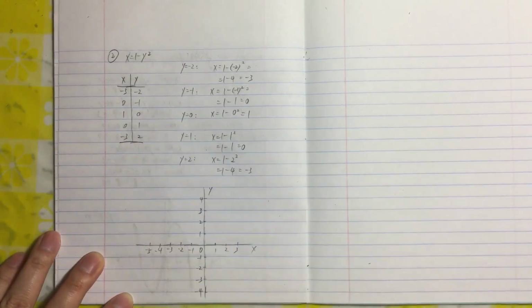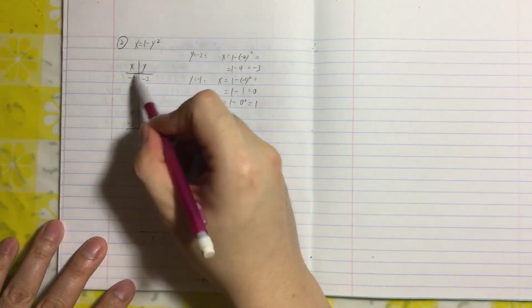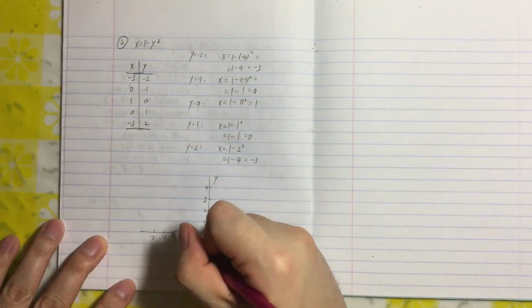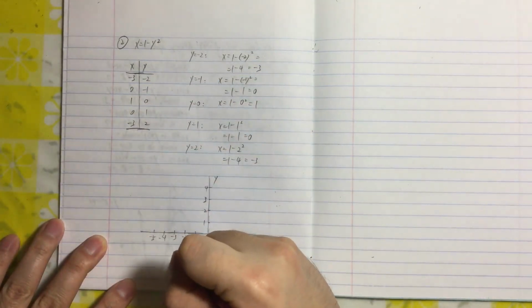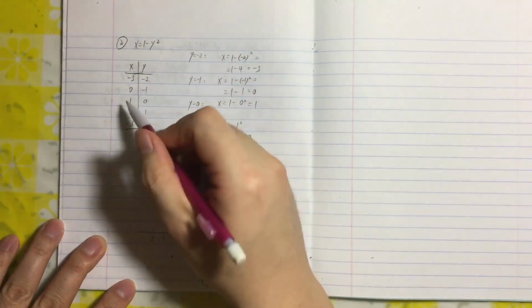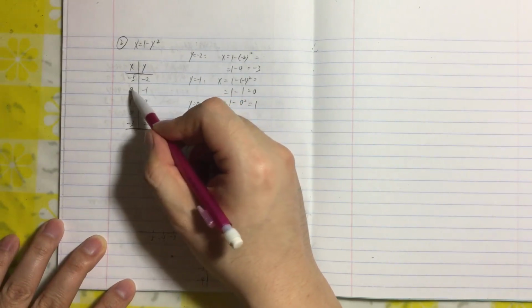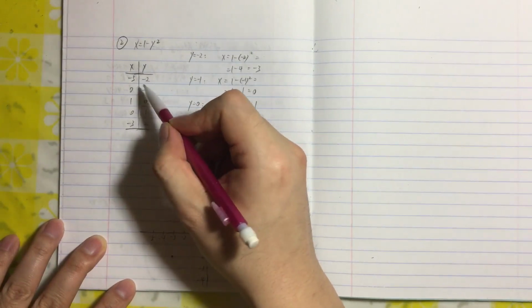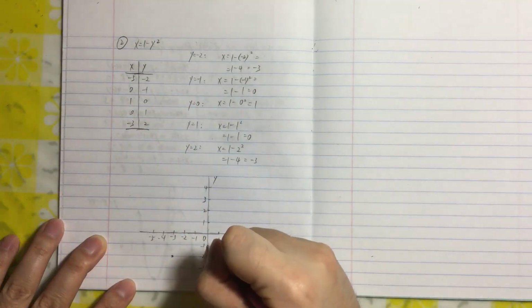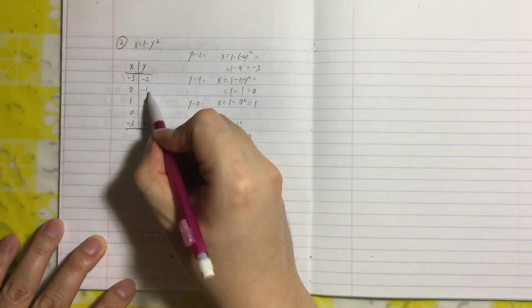Then plot points. First point, negative 3 comma negative 2. x is negative 3, y is negative 2. That's our first point. Second point, 0 comma negative 1. x is 0, y is negative 1.